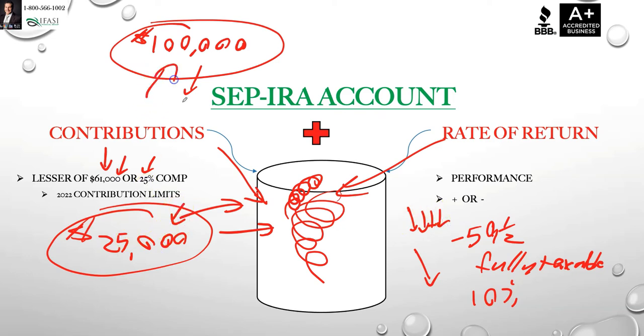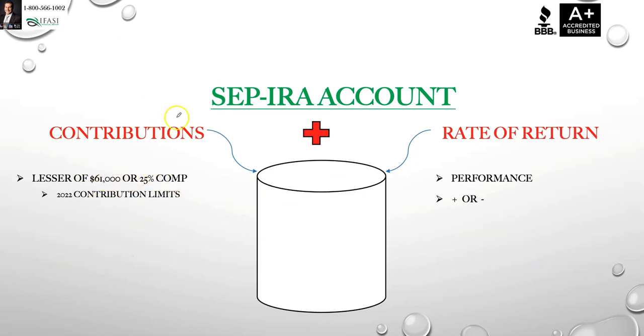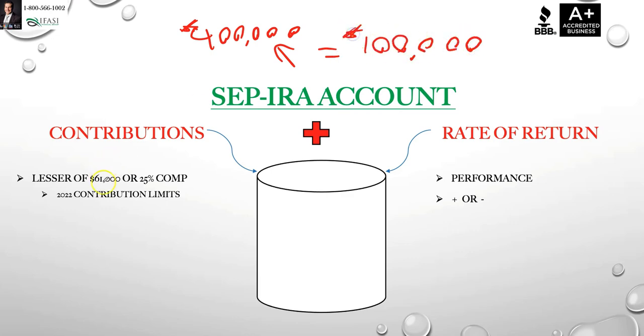$25,000 was the number in this example because it's going to be the lesser of $61,000 or 25% compensation. If, let's say, somebody was compensated through their business or as a self-employed individual and they were compensated $400,000, in that example, 25% of $400,000 equals $100,000. Well, if we look at what the contribution limit is, it's the lesser of 25% or $61,000.